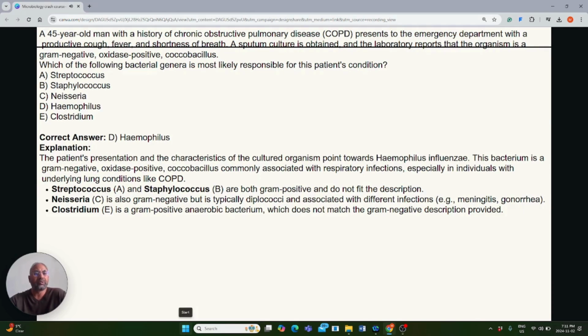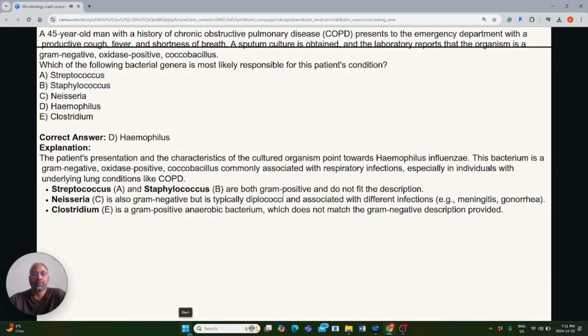This is how we did this question, by ruling out the most unlikely choices. So Haemophilus influenzae is the organism we are talking about here. It causes lower respiratory tract infection, it is an oxidase positive organism, and especially it causes infections in individuals with pre-existing chronic obstructive pulmonary disease.